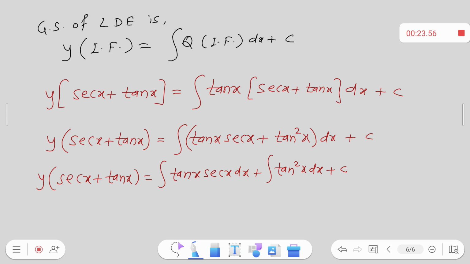Let us assume it as c. Integration of tan x into sec x is sec x. Correct?